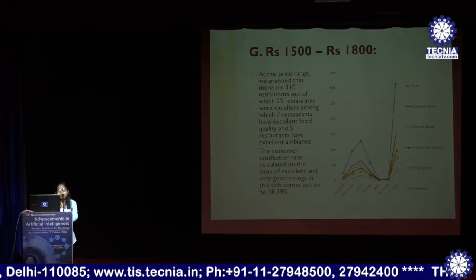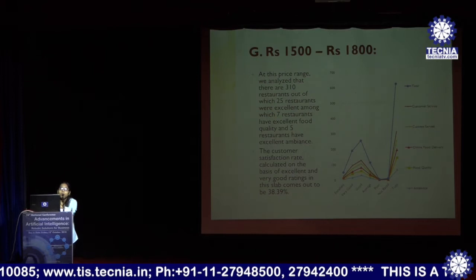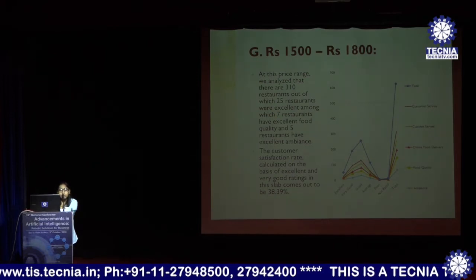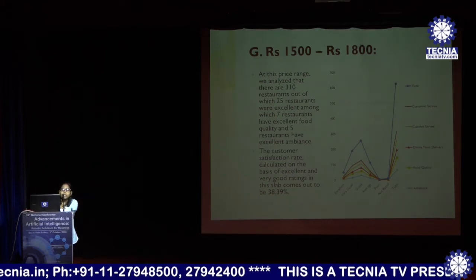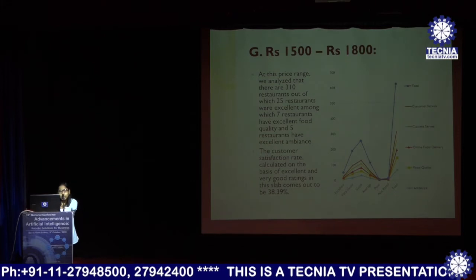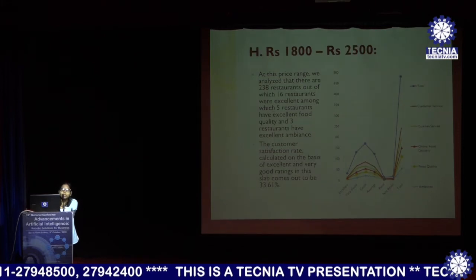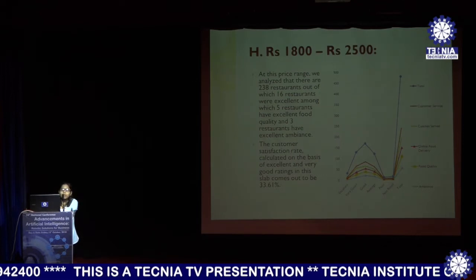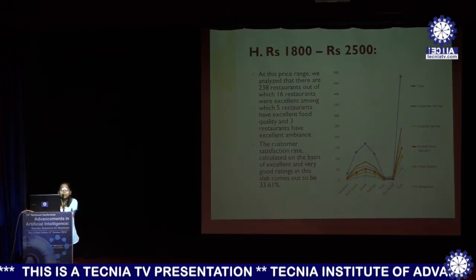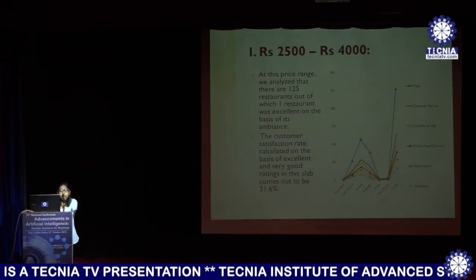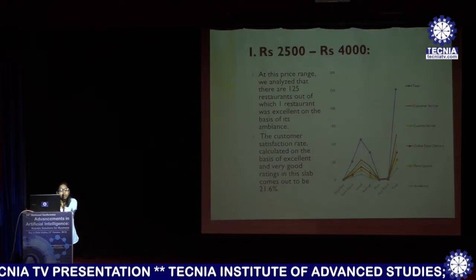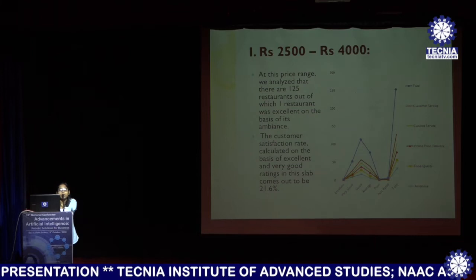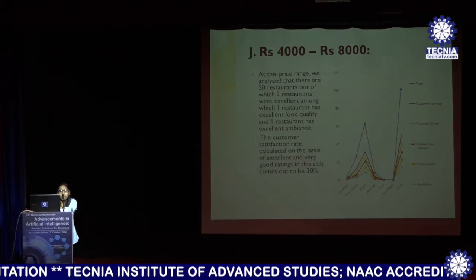Similarly, we have calculated various customer satisfaction rates on the basis of various price slabs: 1,500 to 1,800 providing 38.39%, 1,800 to 2,500 providing 33.61% satisfaction rate, and 2,500 to rupees 4,000 providing a customer satisfaction rate of 21.6%.